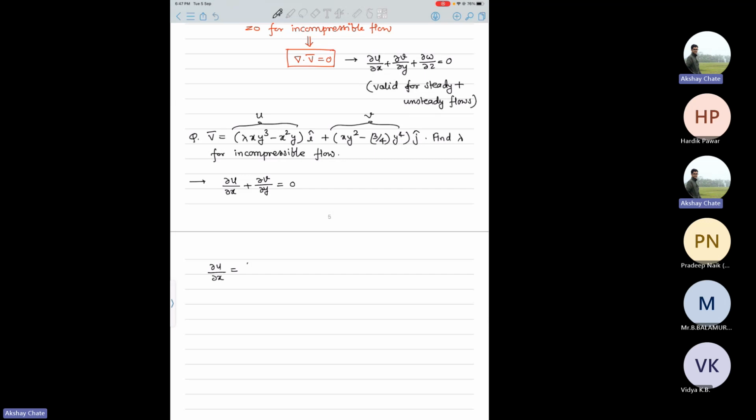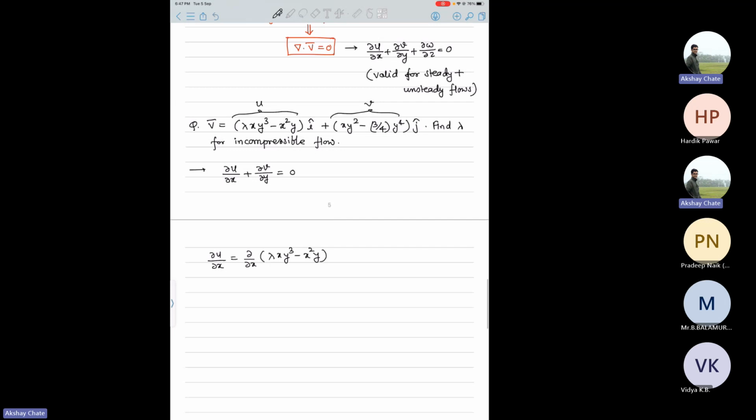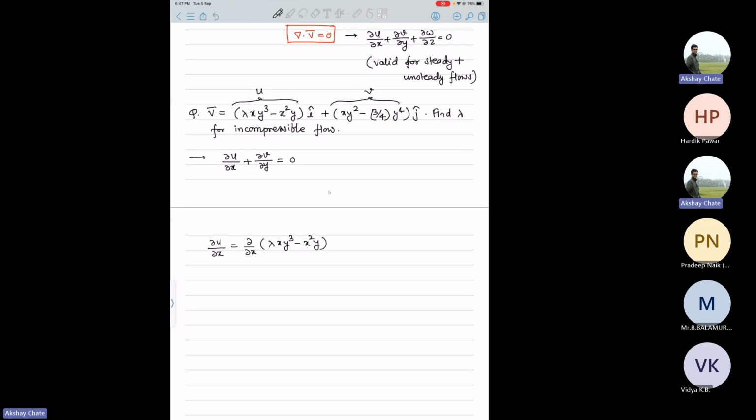Now you basically differentiate lambda xy cube minus x square y with respect to only x. I am assuming that everybody knows what a partial derivative with respect to something is. When there is a function of two variables x and y, and you take the derivative only with respect to x, you consider y as a constant and then differentiate, and vice versa.